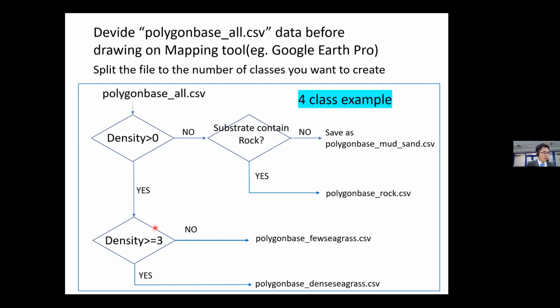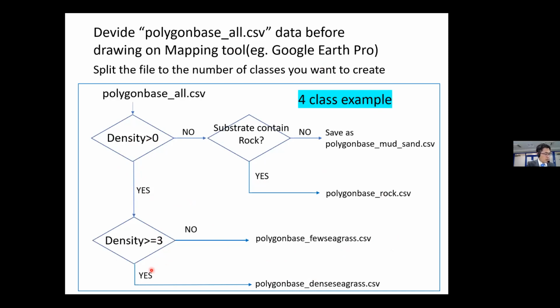The first question is whether there is seagrass or not. Here, check whether the density is 0 or not. If seagrass is present, it is divided into classes based on whether it is dense or sparse, with a minimum level of 3.